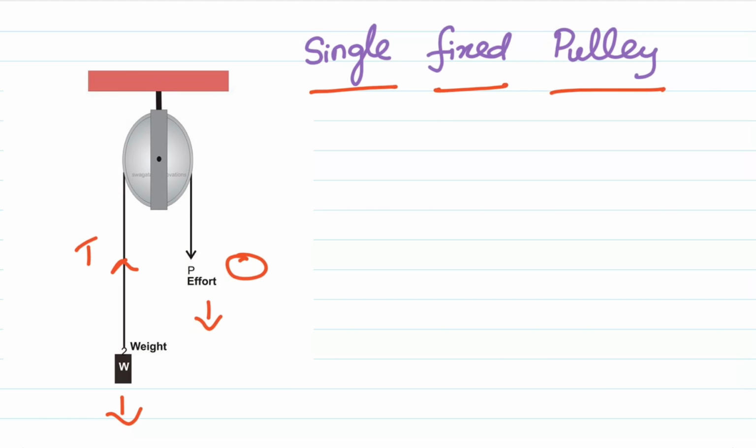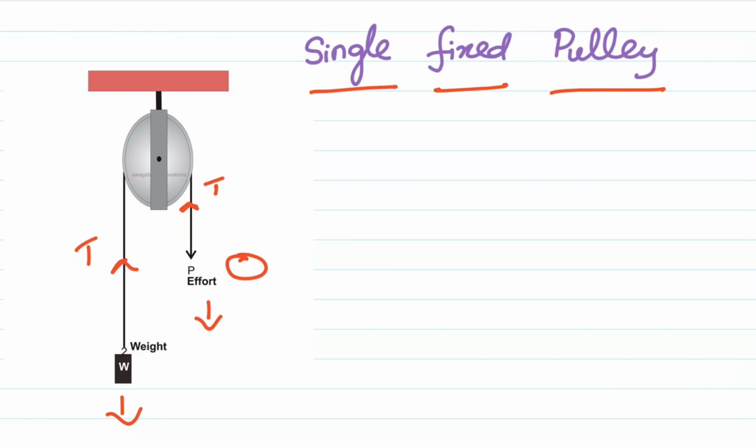In the segment of the string where the effort is applied, there also the tension will be acting in the upward direction. Since we have taken an inextensible light string, the tension acting along the entire length of the string will remain the same. The tension will always be acting in the upward direction, which I have indicated by an arrow mark.